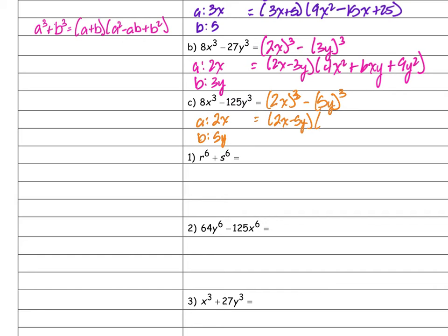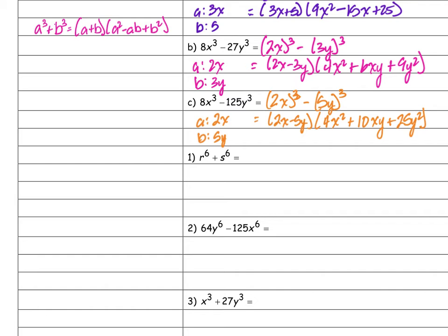A squared is 4x squared plus a times b, 10xy, plus b squared is 25y squared. Okay, question, anybody have any questions on those? Okay, that was the second one.